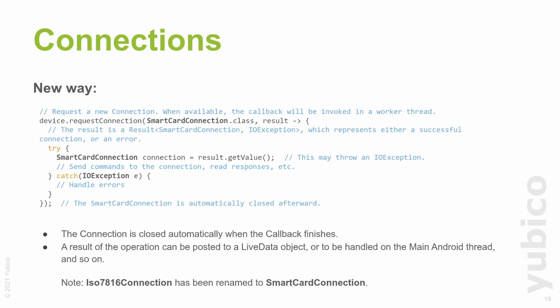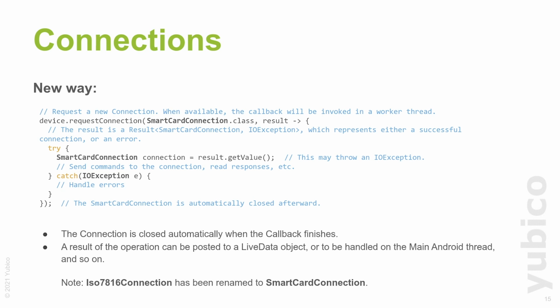So in YubiKit 2.0, we take care of the worker thread for you. And instead of synchronously opening a new connection when you call open connection, we now do it asynchronously through a request connection method. And this takes care of internal queuing. So you can call that from any thread.